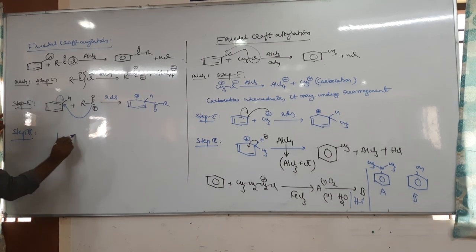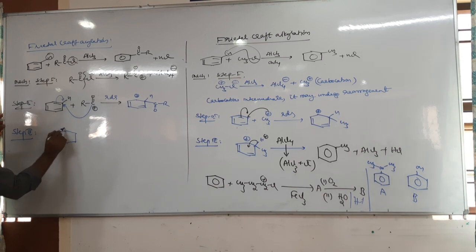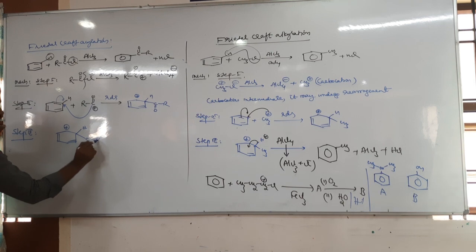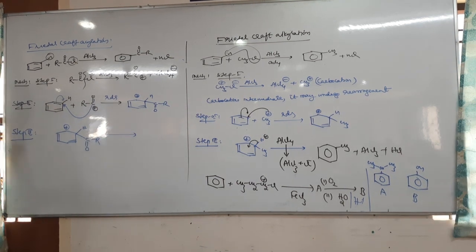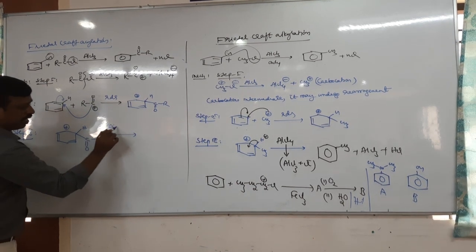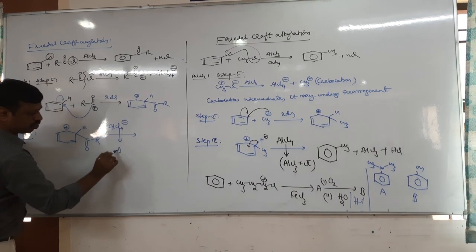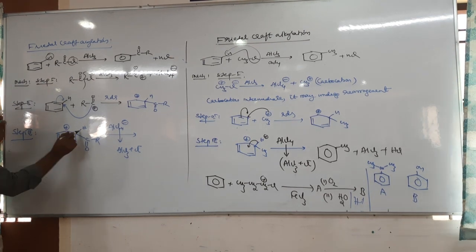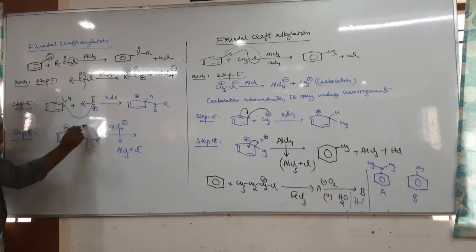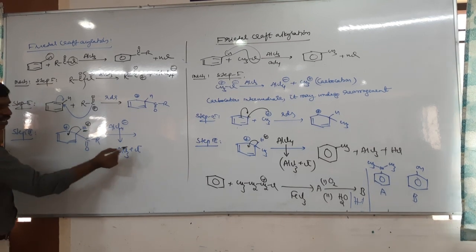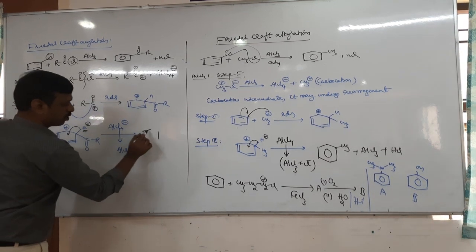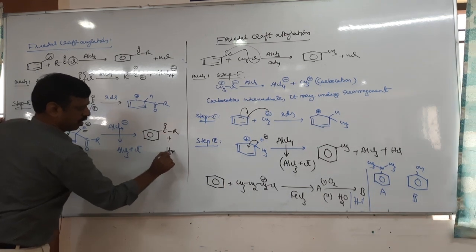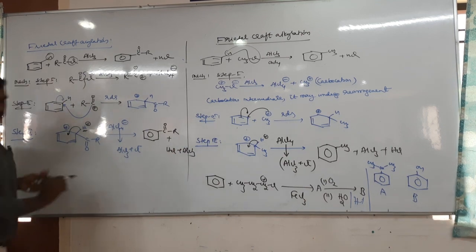Step 3, deprotonation. Tell me, in deprotonation there will be AlCl4 minus which gives rise to AlCl3 plus Cl minus. This pi bond, sigma bond shifted as a pi bond, H plus will come out, H plus plus Cl minus gives HCl, then you will get aromatic ketones plus HCl plus AlCl3.